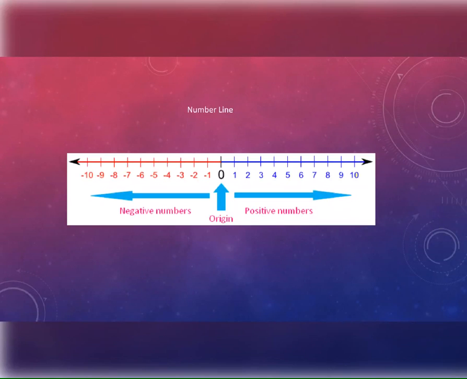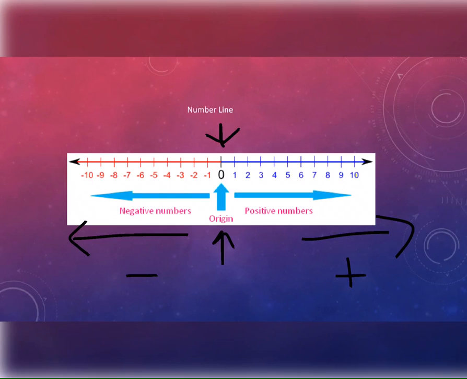So here's our number line. You can see that 0 is our origin. Numbers to the right are positive. Numbers to the left are negative. So I want to find out what is the opposite of +6.